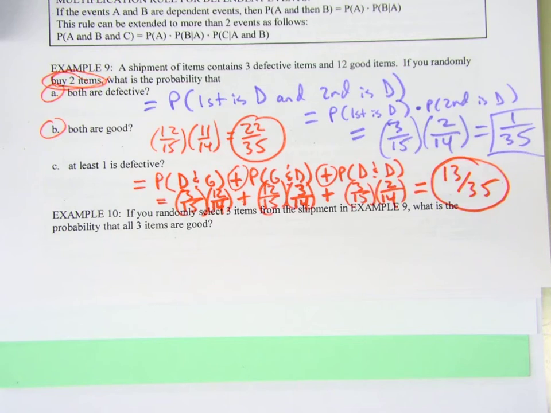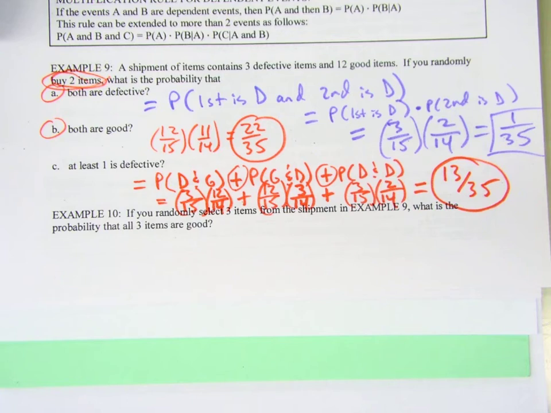So then you're basically just mixing those two together, and if you're adding them together, plus, we didn't do the G and G, right? No, because we didn't want that. The probability was for at least one being defective, so both of them being good wouldn't be one of those outcomes that we're interested in. Okay. Does that make sense?